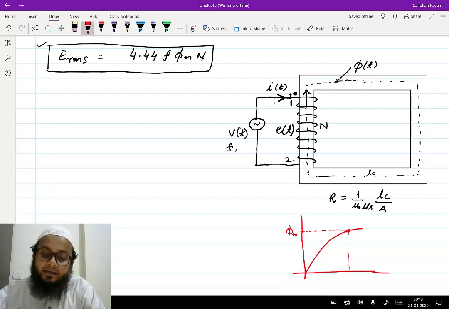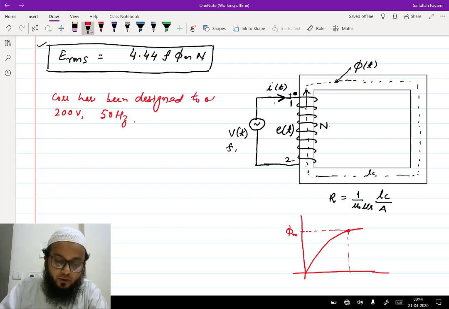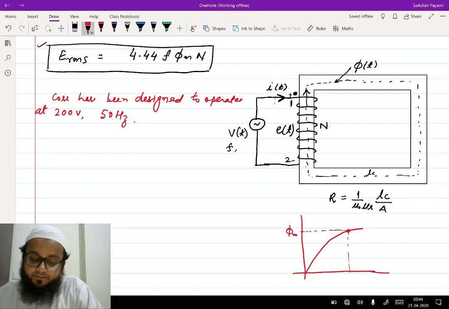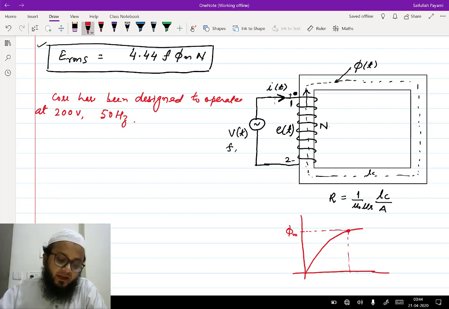Now let's say this core has been designed to operate at 200 volt and 50 hertz. So what will happen if I want to energize this core, assuming there is zero resistance in this coil?